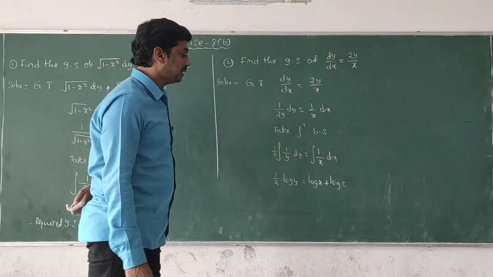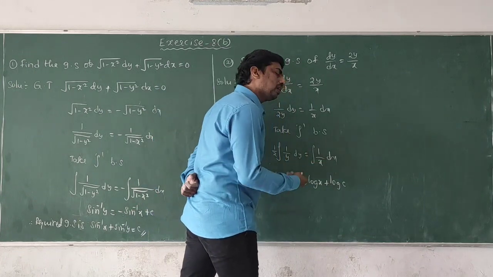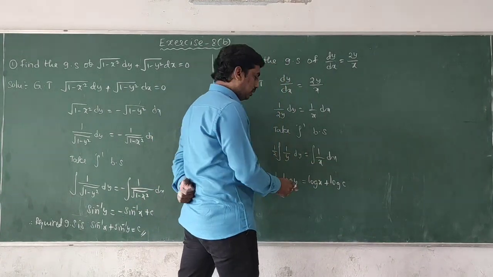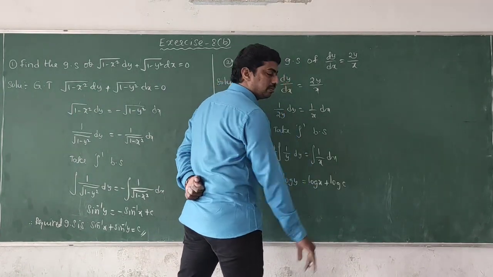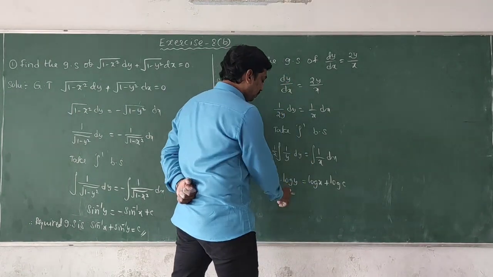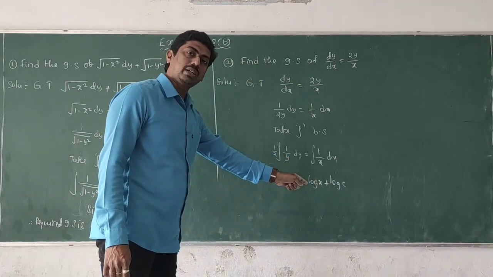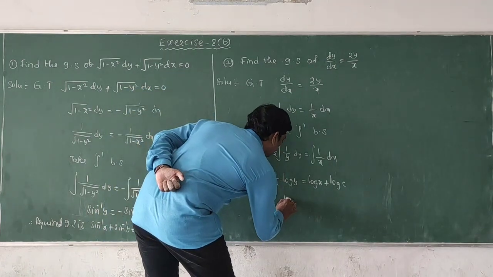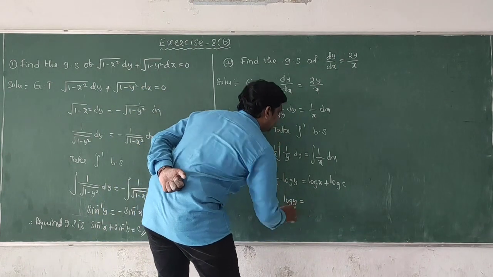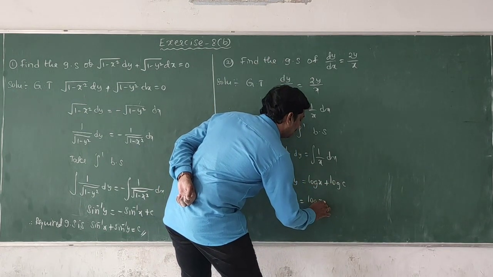We can write the constant C in terms of log also, no problem. In order to simplify the solution easily, we need to write in terms of log only, because these two terms are log terms. That's why I am writing the constant also in terms of log. Now log a plus log b is log a into b, so log x plus log c is log of x into c.